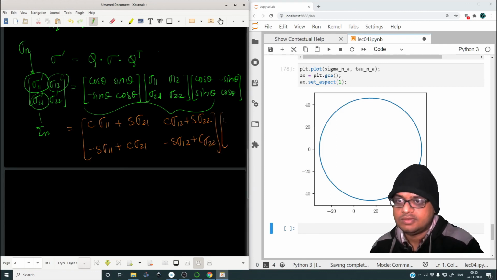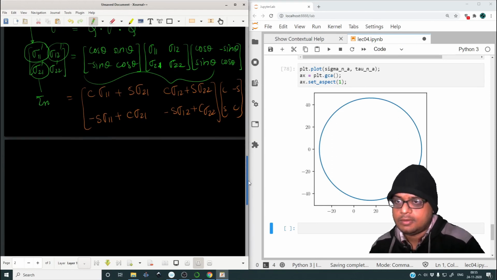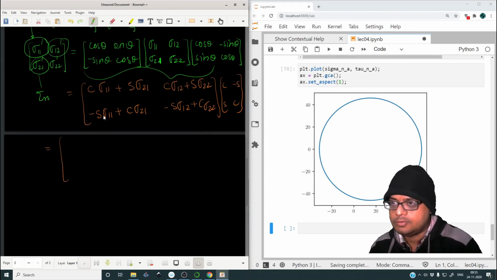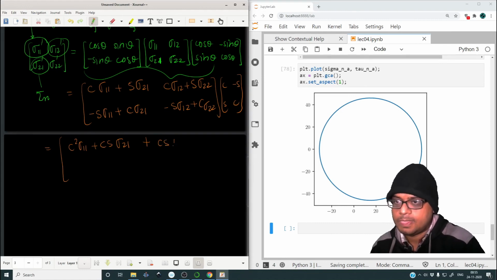This times C minus S C. Alright, so this multiplies this. So C square sigma 1 1 plus CS sigma 2 1 plus CS sigma 1 2 plus S square sigma 2 2. So this is the first element.